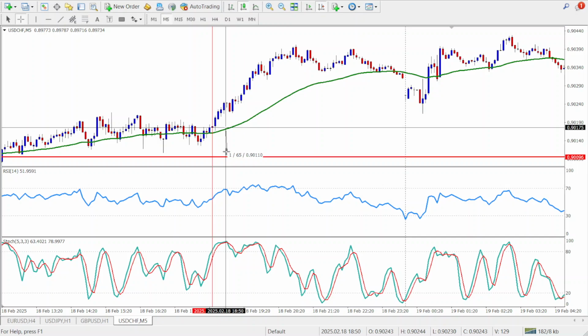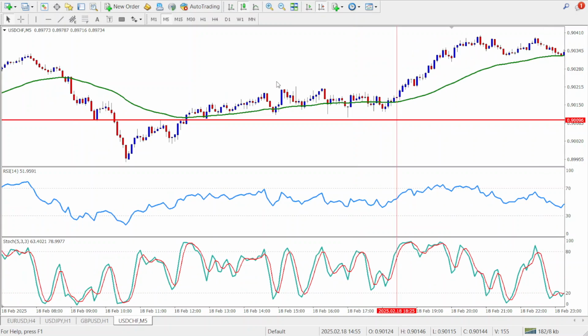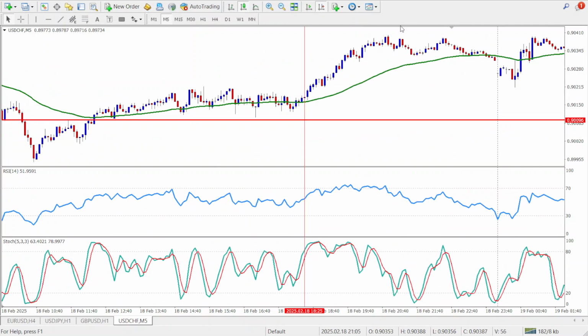So if your stop loss target is somewhere around 7 pips, then your potential profit target can be somewhere around 10 pips or 15 pips, depending on market structure, depending on if you have support or resistance zones close by.